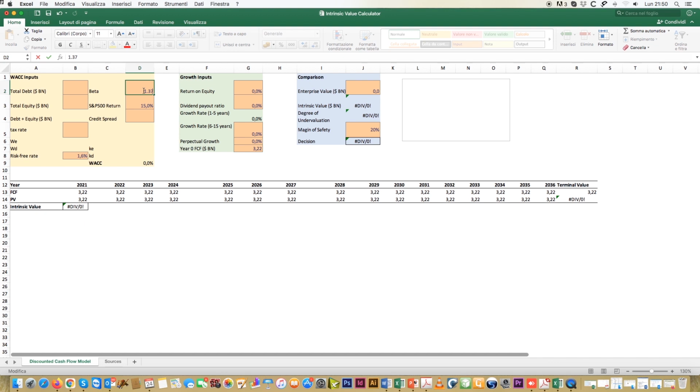A beta of 1.37 means that on average, whenever the S&P 500 goes up 1%, on average Nvidia goes up 1.37%, and on the other side, when the S&P 500 goes down 1%, on average we'll see Nvidia go down 1.37%. The average return for the S&P 500 in the last few years has been 15%.